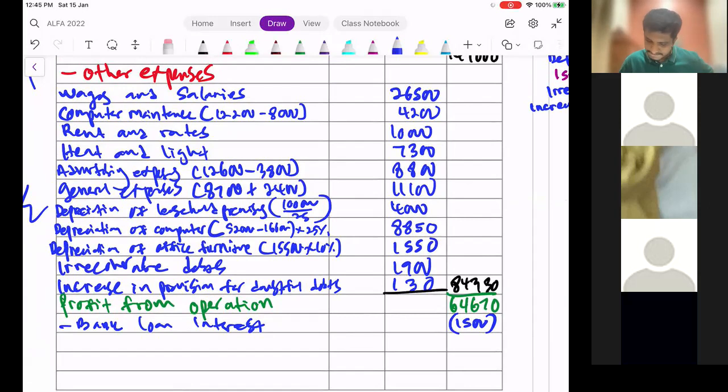Total expenses is wrong. 7,300, 8,800, 11,100, 4,000, 8,850, 1,550, 1,900, and 130. Oh, wait.